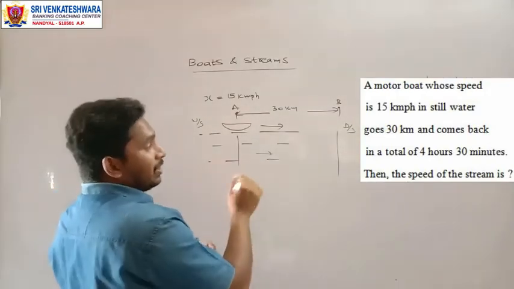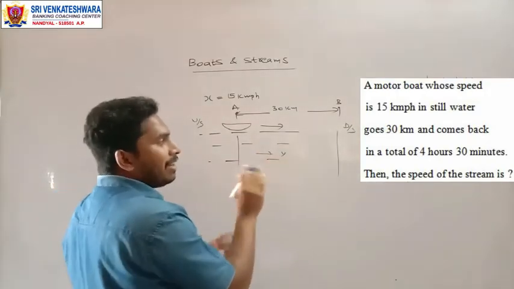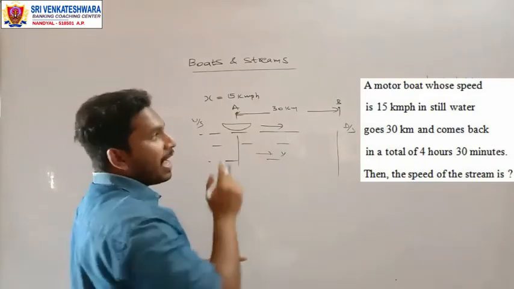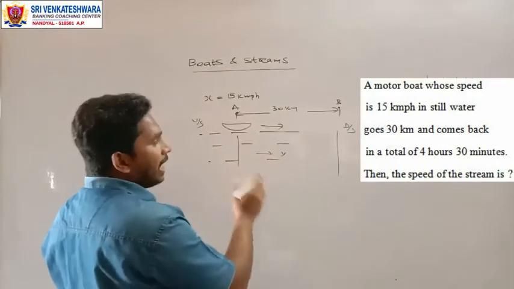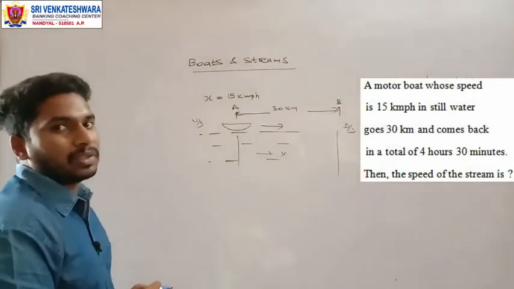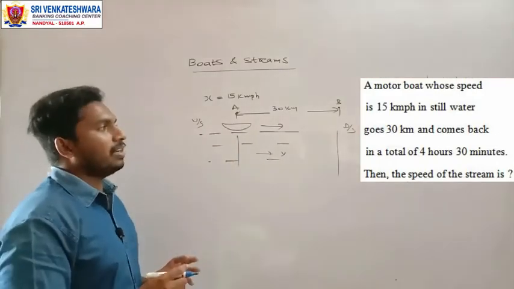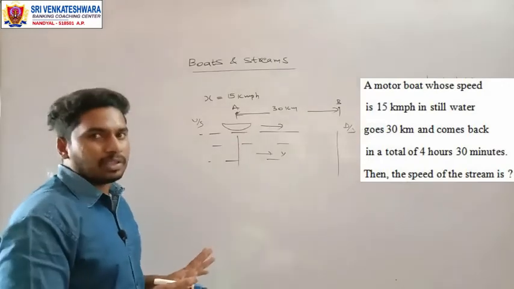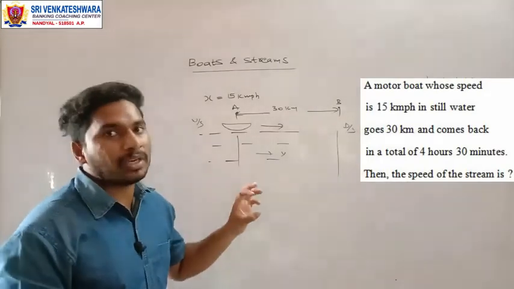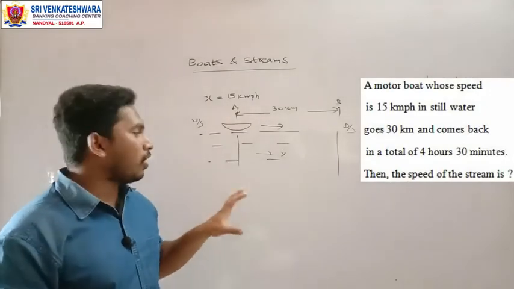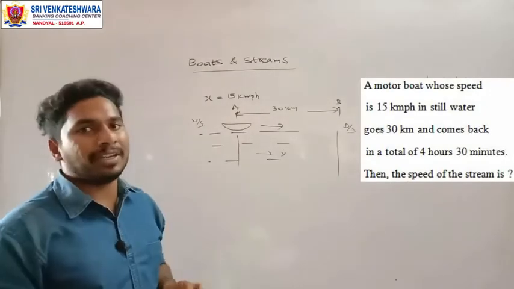In one case the speed of the stream, that is y, will be added to the velocity, and in the other case it has to be subtracted from x, the speed of the boat in still water. There are two cases, and you have to write this somehow in an expression. If you can just solve the expression, you can easily find the answer.